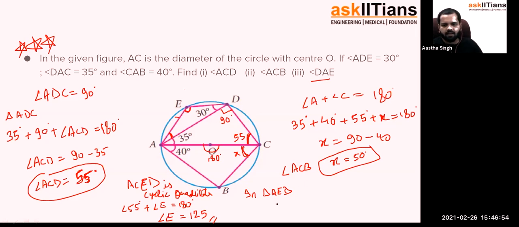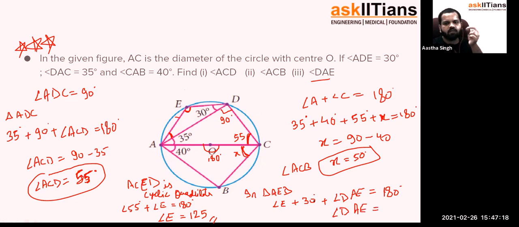So in triangle AED, angle E plus the given 30 degrees plus angle DAE equals 180 degrees, by the angle sum property. You got the value of E as 125.